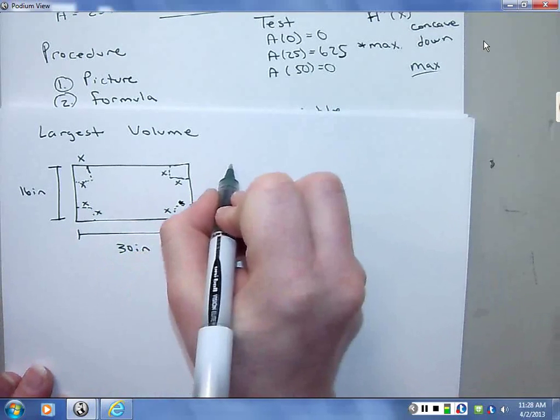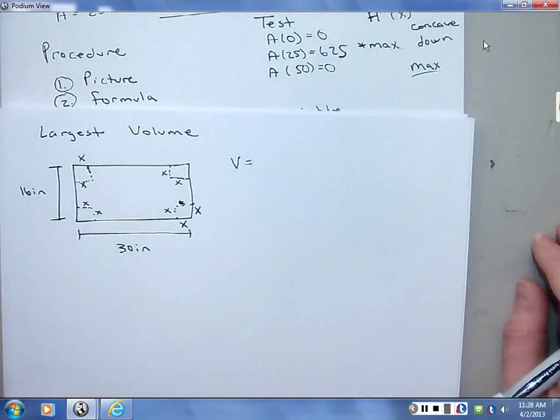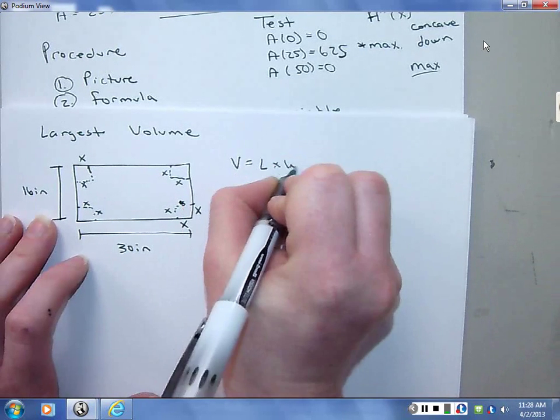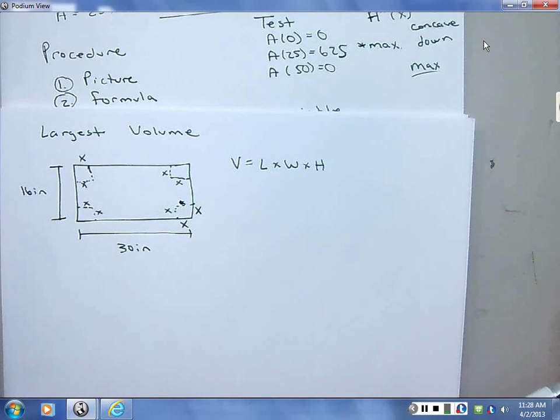So what is the volume of a rectangular container? Very good. Length times width times height. So I want to get length, width, and height all as a function of x, because that's my only variable, right? I'm just going to cut out a distance of x on each corner.